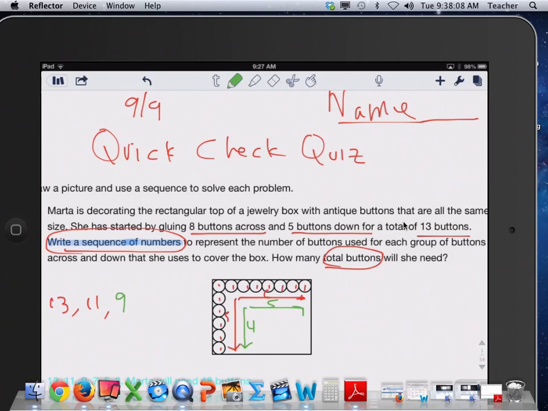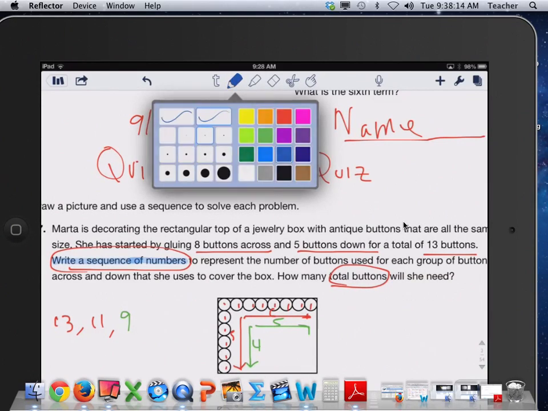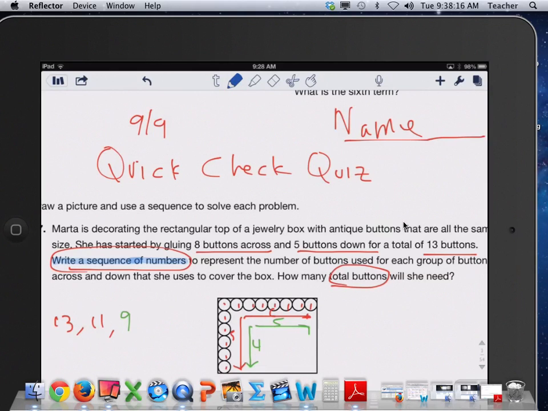What is the pattern here? Subtraction by 2. So we can finish the rest. That's 9 and then 7, correct? And then 5 and 3.